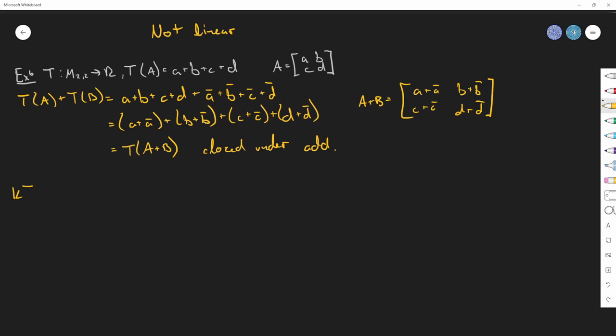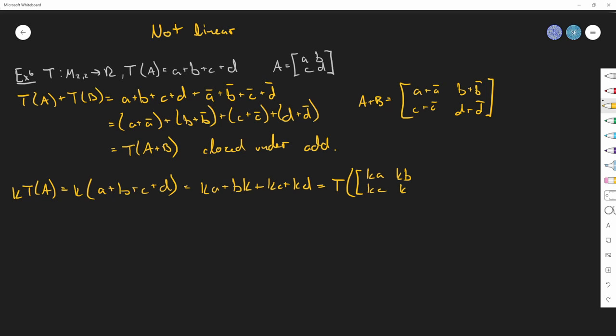Again, we're going to start with some random constant K, and T of KA would be KA plus KB plus KC plus KD. That is the same as K times A plus B plus C plus D, which is also the same as the transformation of the matrix KA, KB, KC, KD.